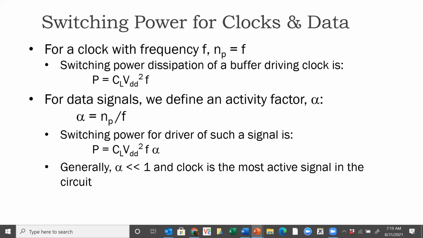Then reducing the supply voltage is very impactful, because there's a square dependency on supply voltage. At times, chips are designed to deliberately run at very low voltages. The problem with reducing voltage is that you also reduce the speed of the circuits. In other words, the delays of combinational cells and sequential cells will go up when the supply voltage is reduced.